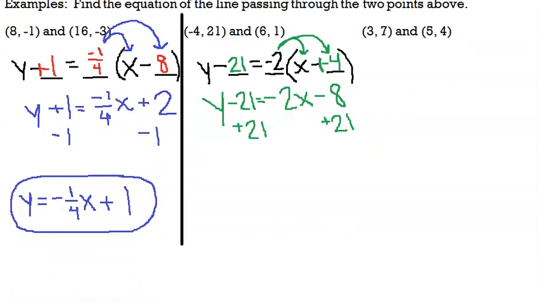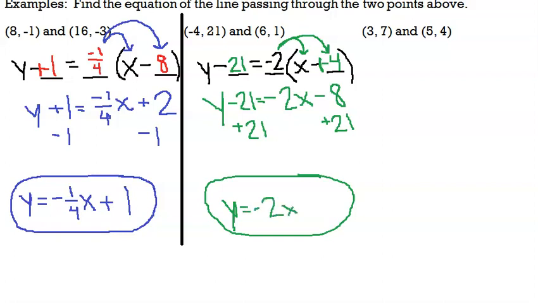And that should give me a final answer that I'm looking for, and it's going to be y equals negative 2x plus 13. Negative 8 plus 21 is 13. Okay. So we got one more to go.